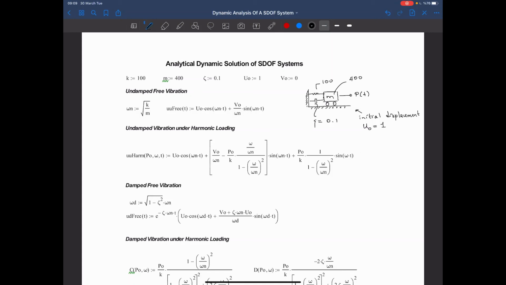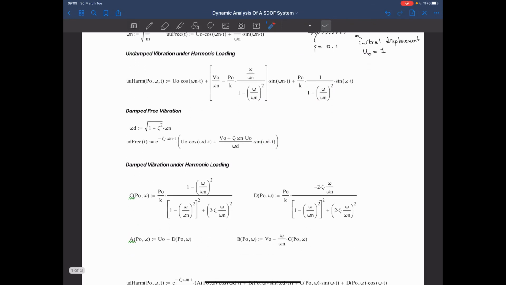So what I did here is write down the equations that we derived for the undamped free vibration. This is the solution, and we have undamped vibration under harmonic loading. That's the solution for that case. Now we have the damped vibration, damped free vibration with no loading. That's the solution.